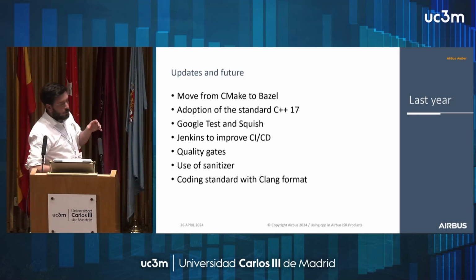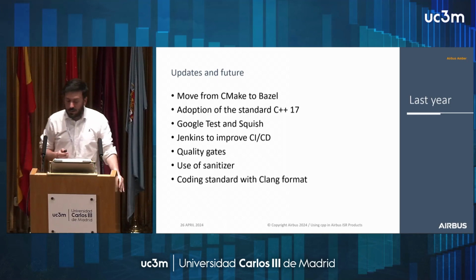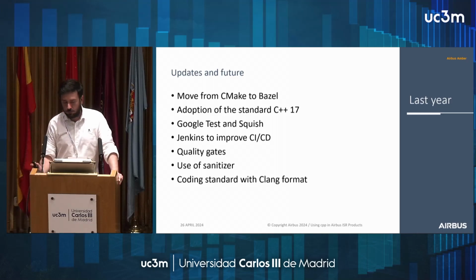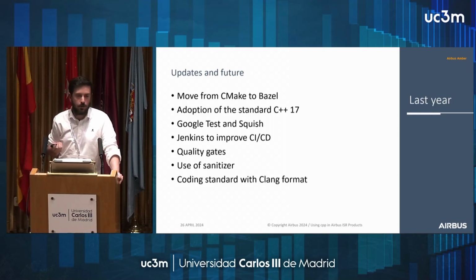A quality gate ensures that every segment is tested and meets our high standard before merging, okay? And coding standard, unify the code. And this is a must for maintenance and for reducing the learning curve that we mentioned before, okay?